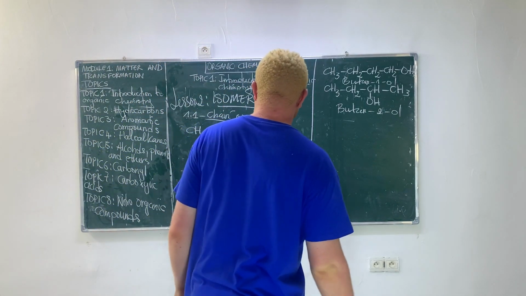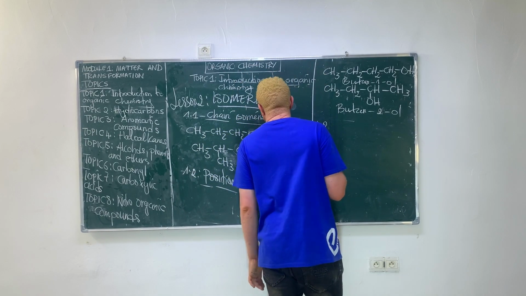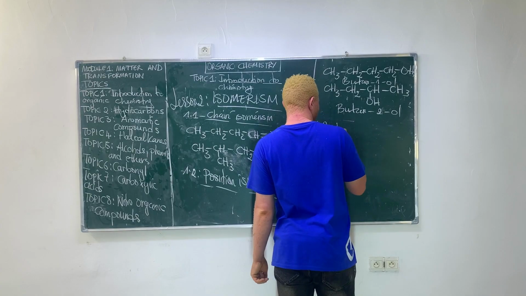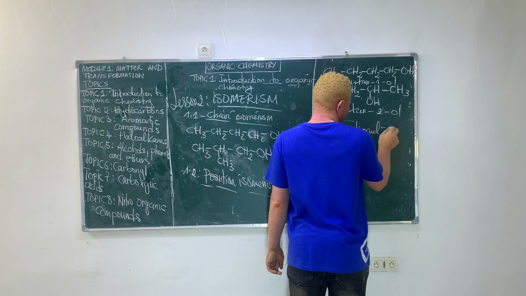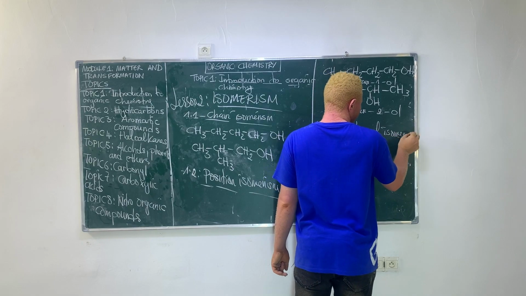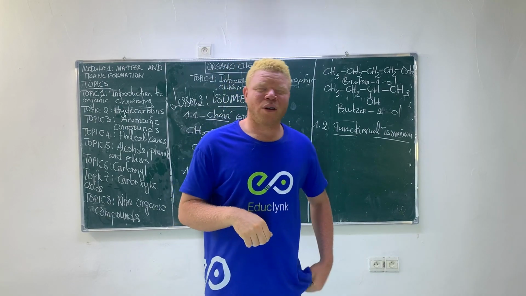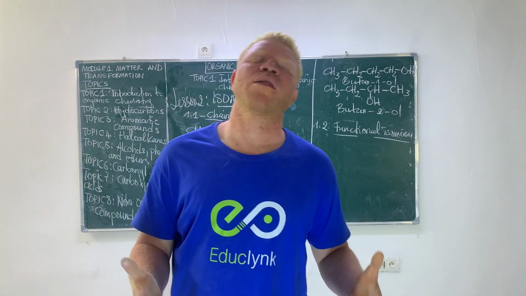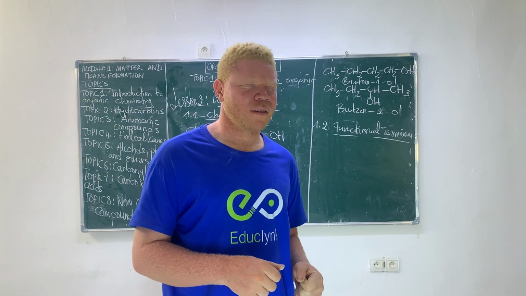Let's see functional group isomerism. For functional group isomerism, the organic compounds have the same molecular formula, but they are found in different homologous series.